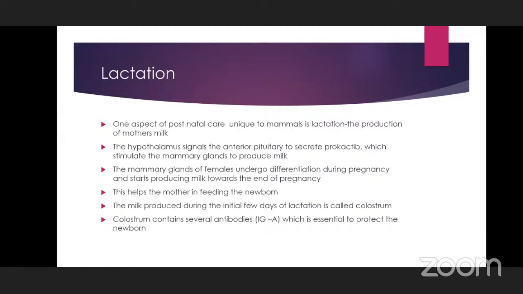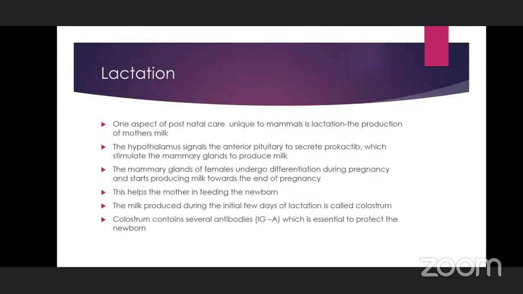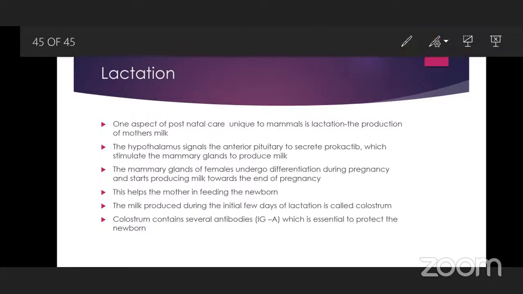So after the delivery, the next step is lactation. Now, lactation, we have already learnt about the mammary glands, which is the one which will be releasing the milk or the colostrum, which is the first formed milk. One aspect of postnatal care, that is after the birth, unique to mammals is lactation.